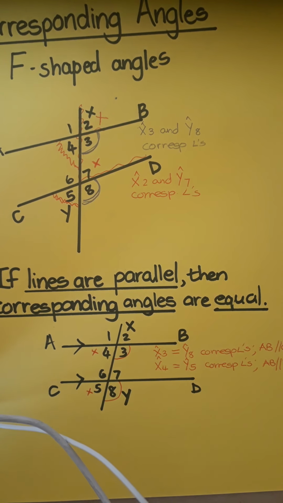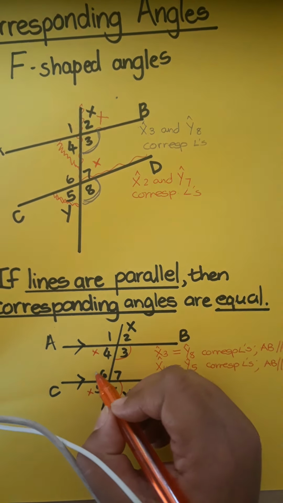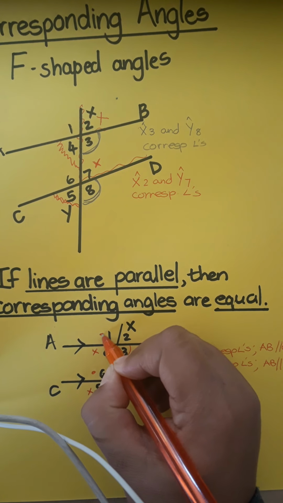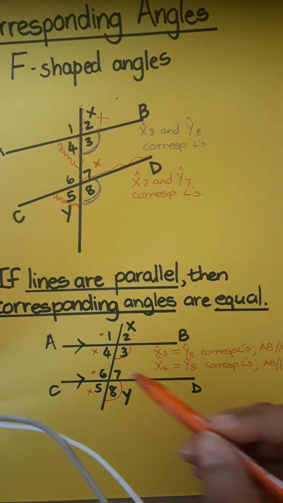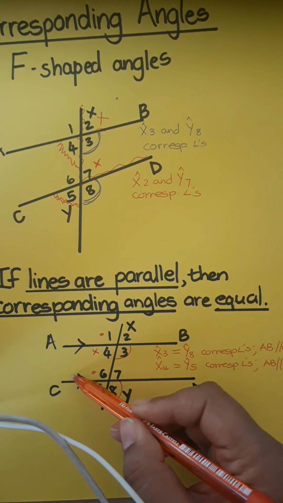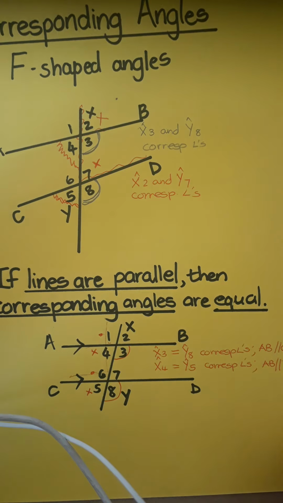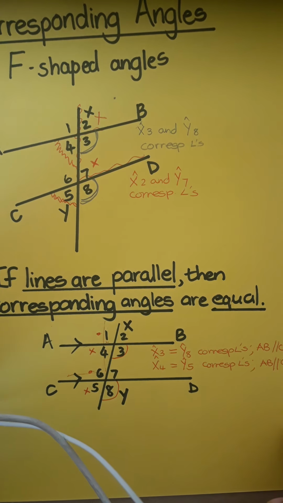There are other angles. Anyone notice other angles that we've got here? Okay, so we can also say Y6 and X1. Those angles there. That's an upside down F. So those angles are corresponding and they are equal angles. What am I talking about?